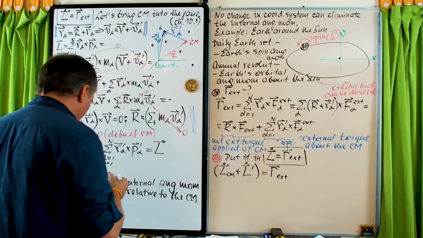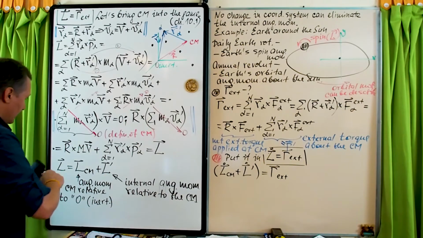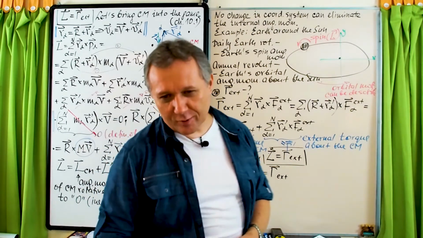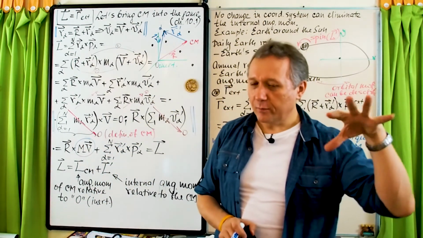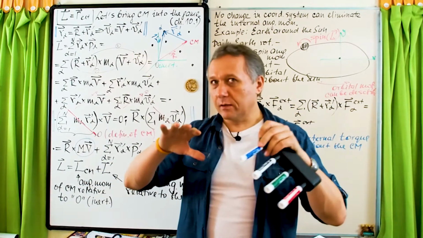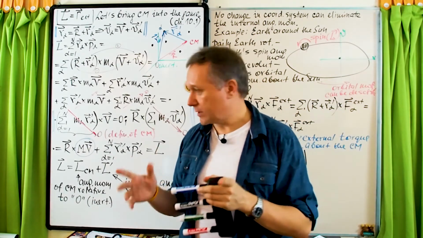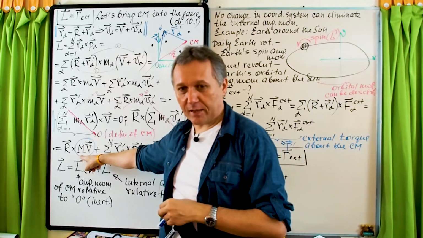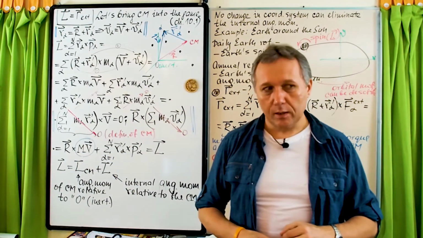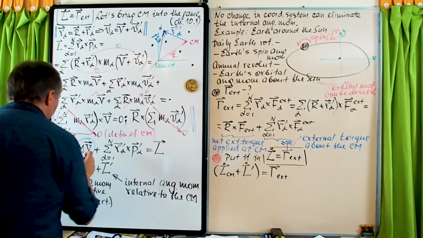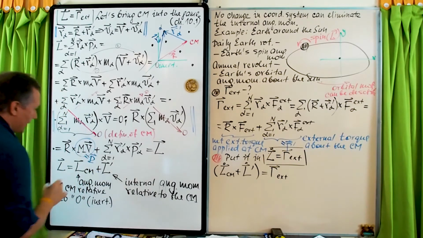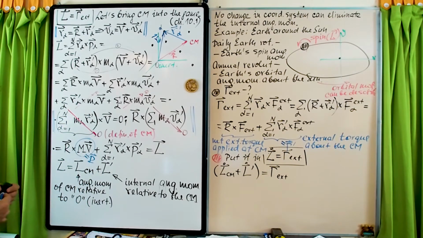Let me remind you, you remember the first amazing feature of the center of mass when we just introduced it, we took the definition and differentiated it with respect to time, and we ended up finding how we can get the total angular momentum of the system. It's a fake particle with the total mass positioned at the center of mass. So this is M V capital, just the total linear momentum of the system. So that's what I want to use now. I just don't want to write M V. It's P capital, right? P capital.